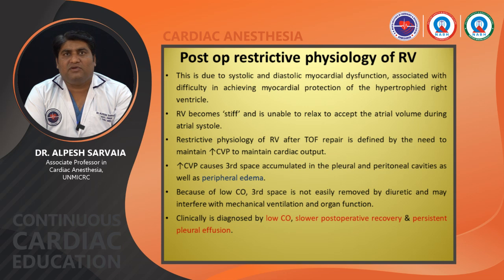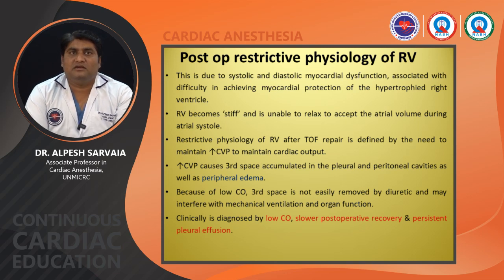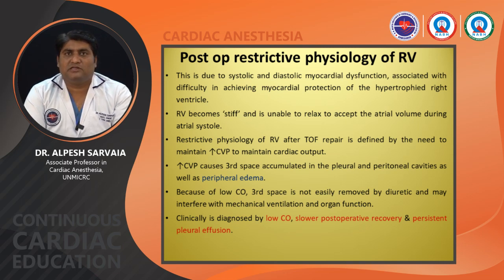Restrictive physiology of the RV after TOF repair is defined by the need to maintain a high CVP to maintain the cardiac output. Increased CVP causes third space accumulation in the pleural and peritoneal cavities as well as peripheral edema. Because of the low cardiac output, the third space fluid is not easily removed by diuretics and may interfere with mechanical ventilation and organ function.